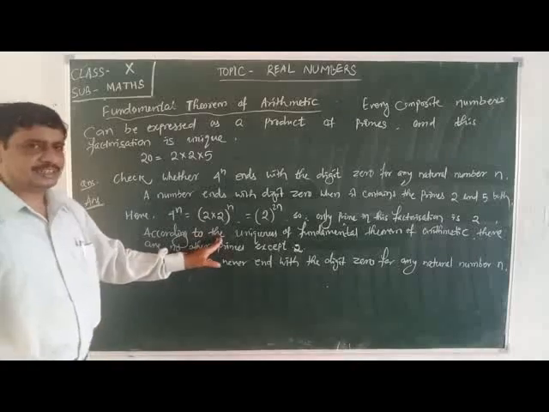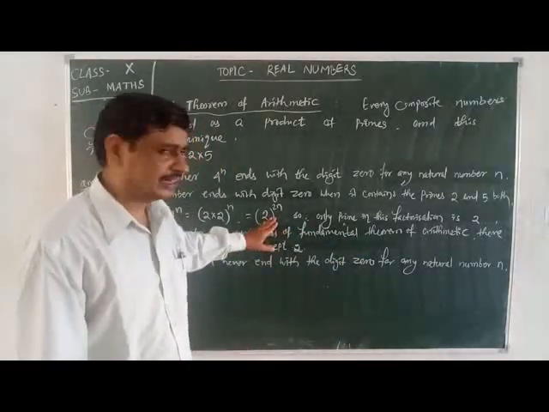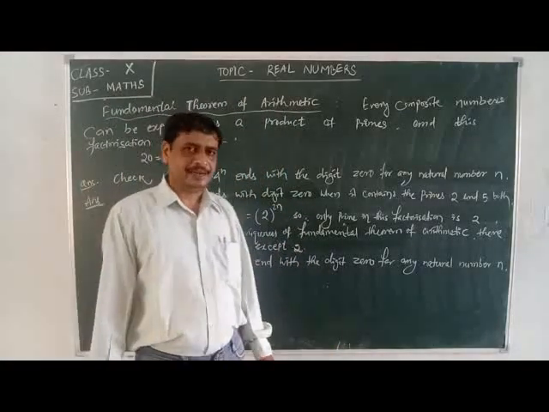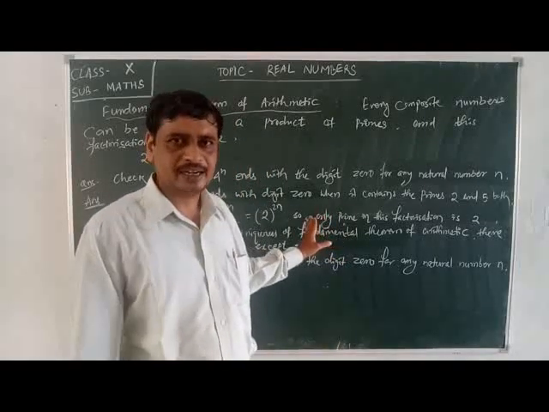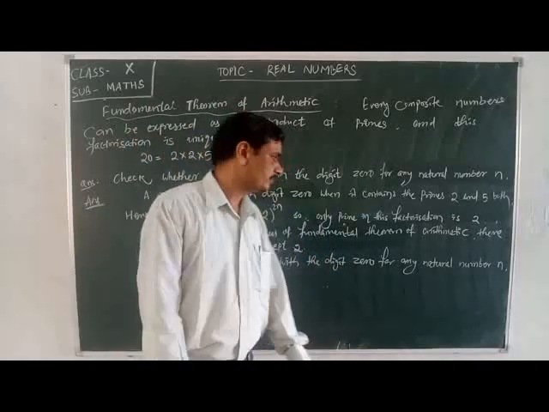According to the uniqueness in the fundamental theorem of arithmetic, the factorization of any number is unique. It means the factors which come in the factorization of a number are fixed.